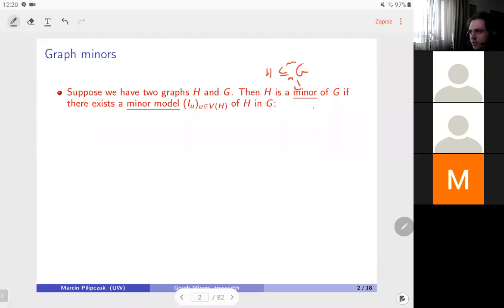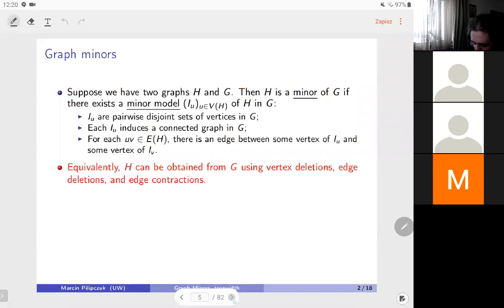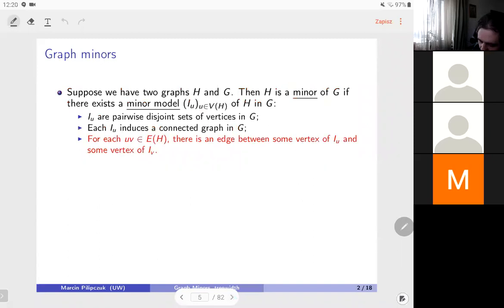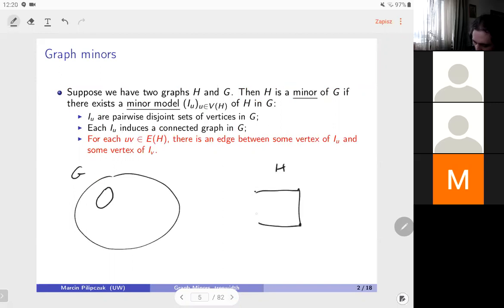One of the ways of defining it is to have a minor model. So let's go over the details of the definition. What does it really mean? I have a graph G, the large host graph. Inside it we find disjoint sets, and say that the graph H is a four cycle.